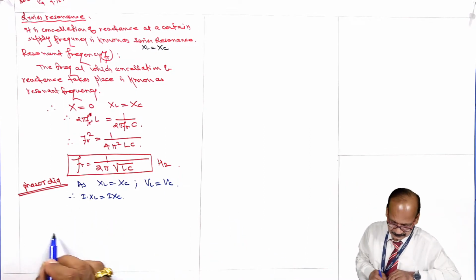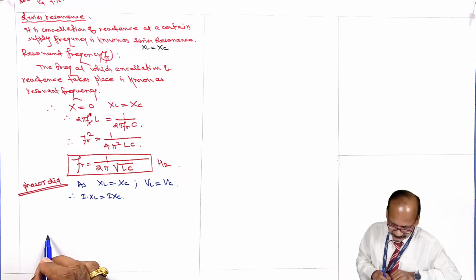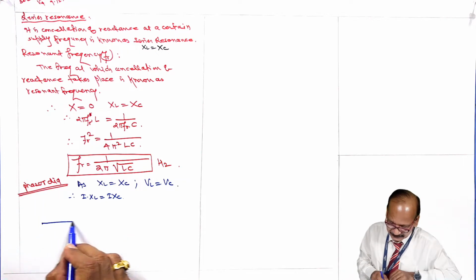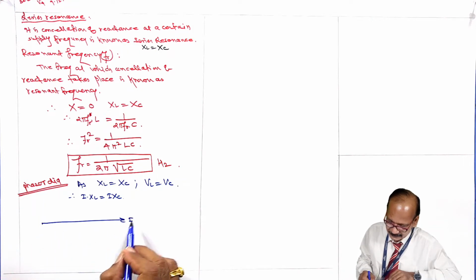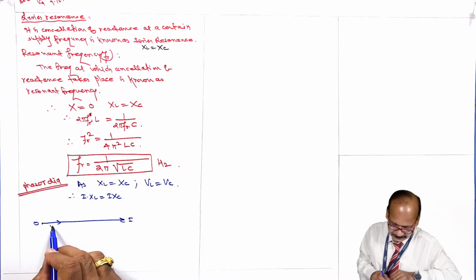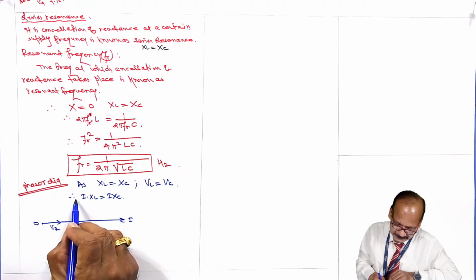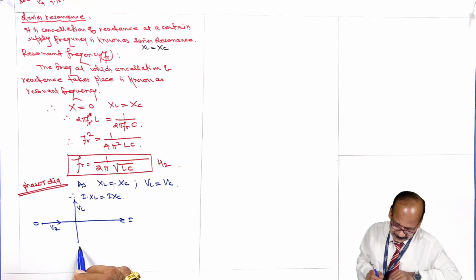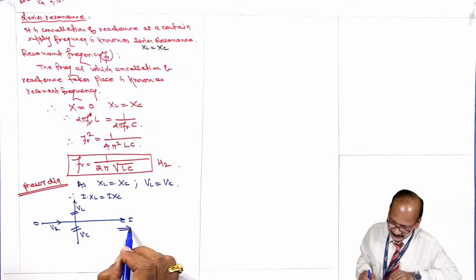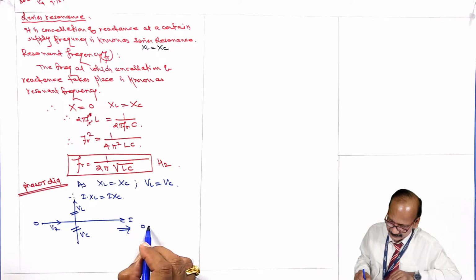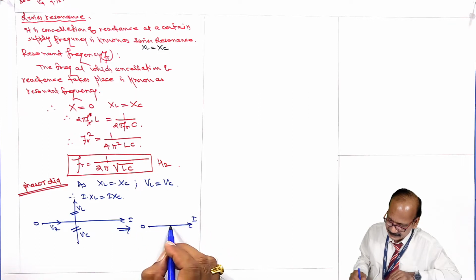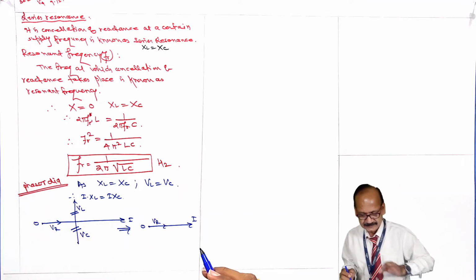So this is a series circuit, and therefore we will consider current as a reference phasor. This is VR, this is VL, this is VC, and both are equal in magnitude, and therefore they cancel. And what is the remainder? This is I, this is VR.